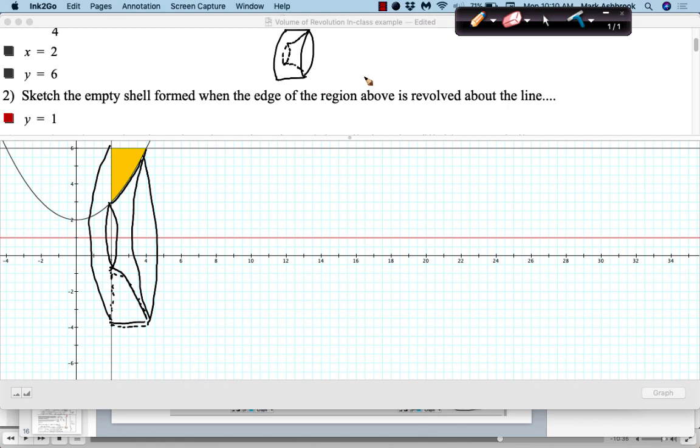Is that what you at least imagined and did your best to draw? So what are we filling up? Are we filling up the funnel, or are we filling up the outside part? This is just open space, so air and water can go right through that. What we're going to fill up is all this part.